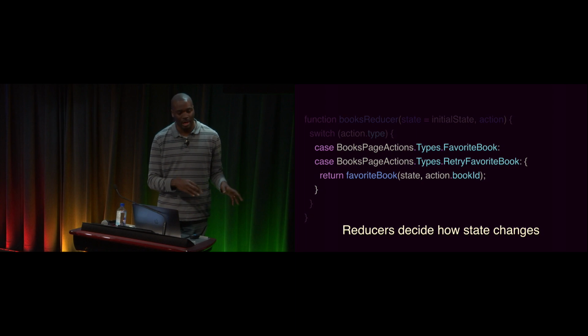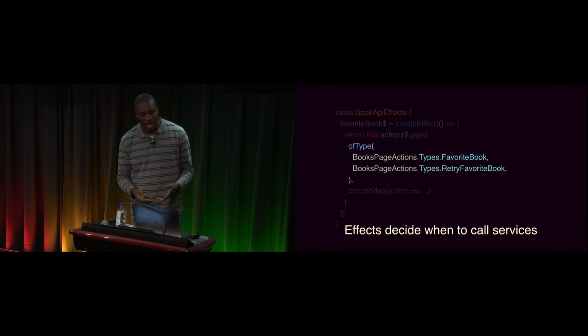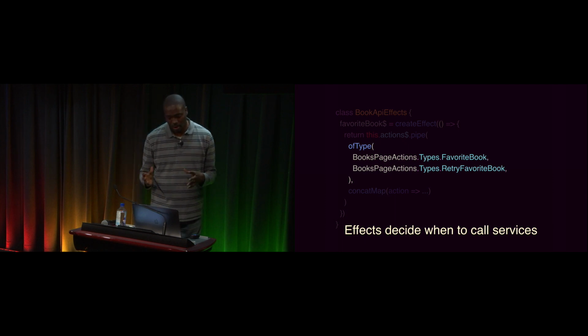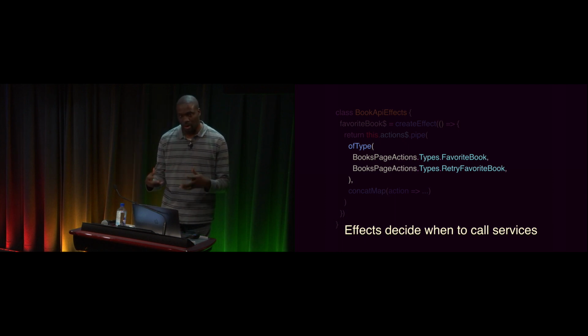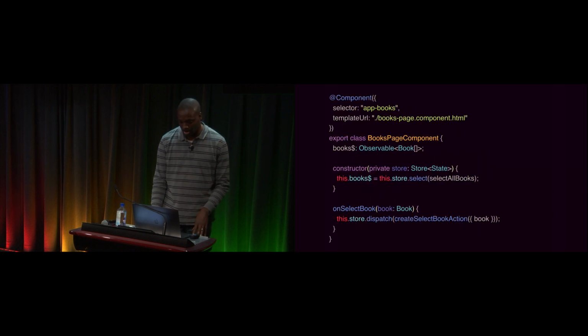So we're delegating that responsibility to the reducers. Same with effects. We dispatch actions, one action can be handled by many effects, and effects decide when to call services. Those are the foundation pieces that actions are built on when using NgRx.